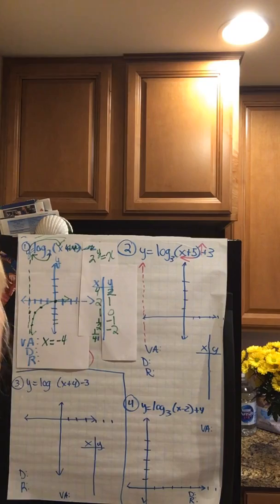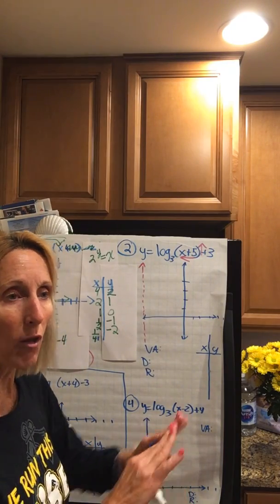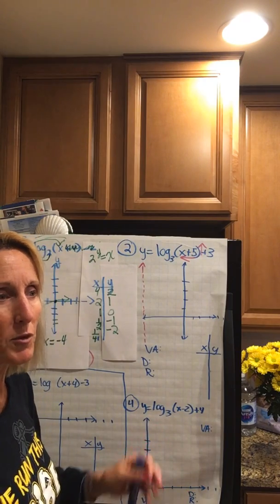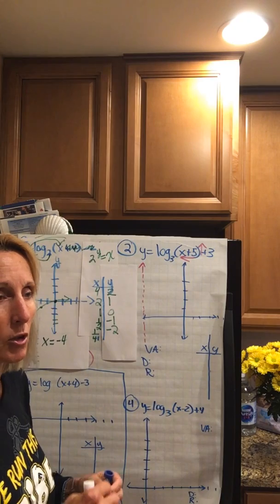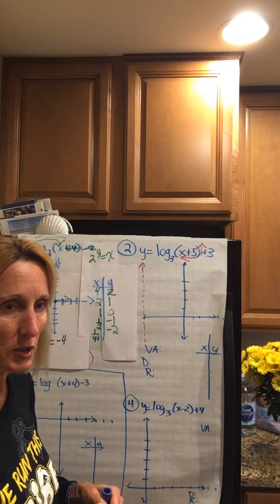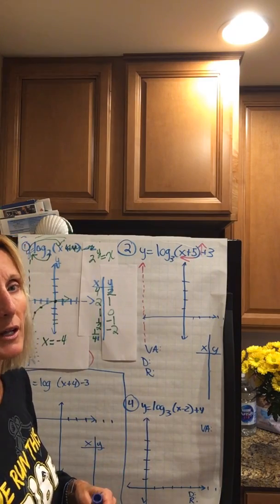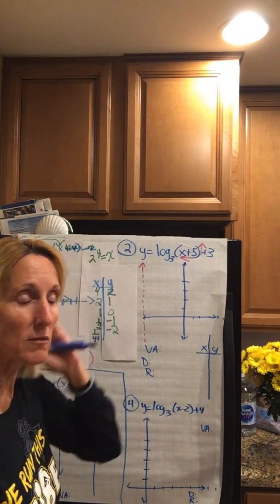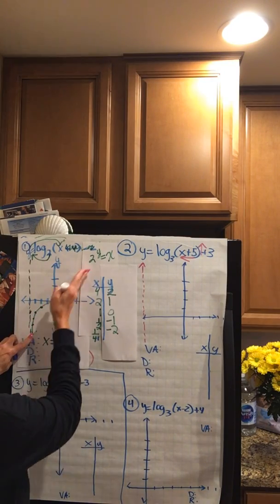And then here's something interesting. If you remember on the exponential graphs, all the domains were from negative infinity to positive infinity. So since logarithms are inverses, now on logarithm graphs, your ranges are from negative infinity to positive infinity because it starts from down and goes forever up.